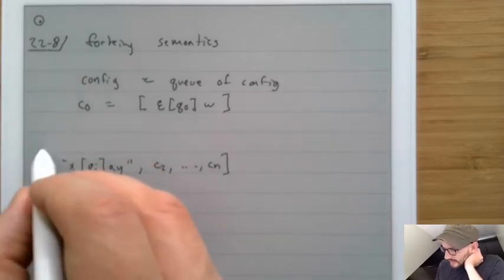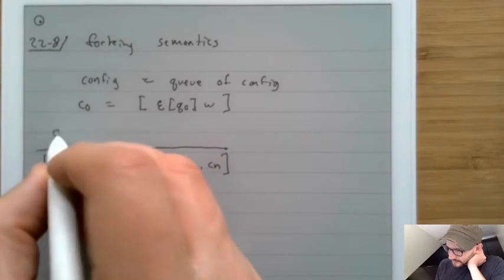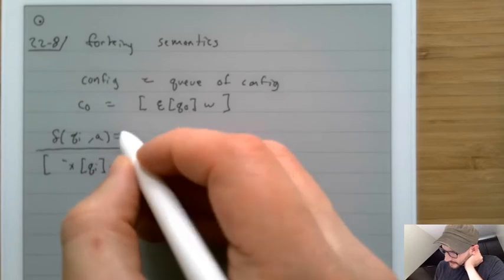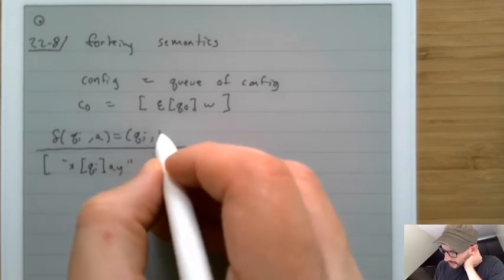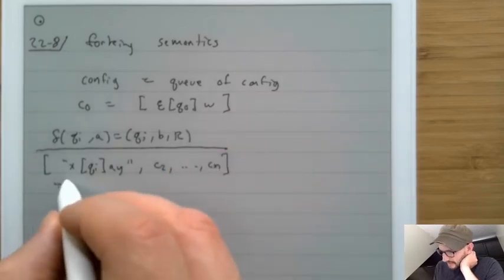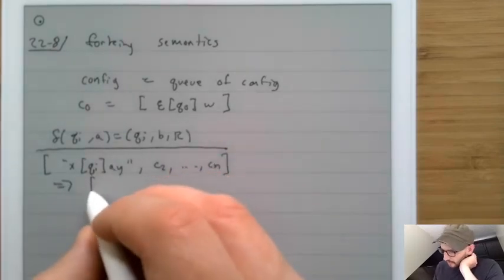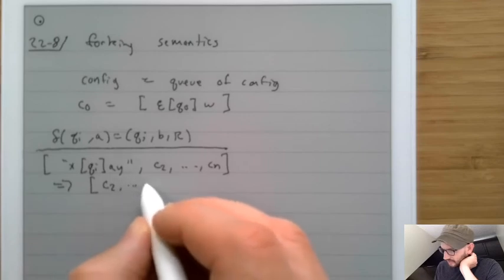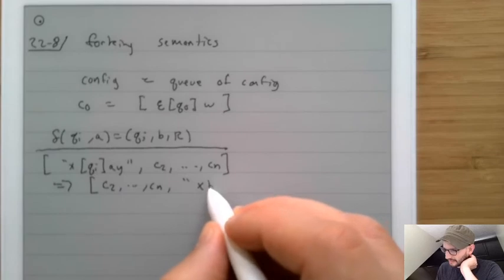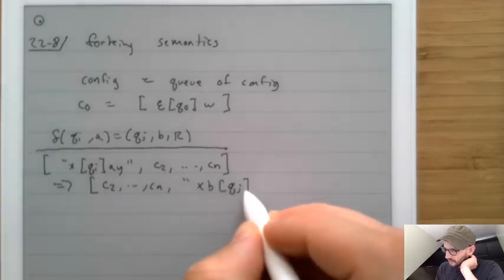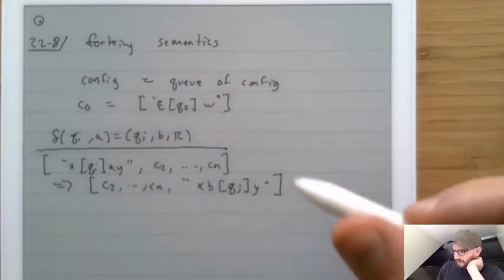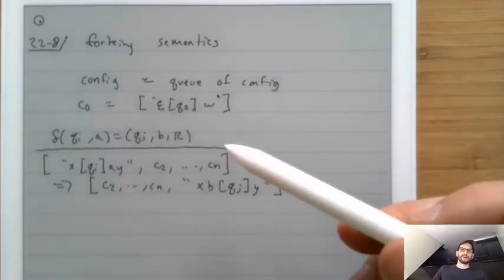Then if delta of qi a equals qj b, let's say that we're going right, then we change that configuration to a new one where we have c2 up to cn, and then at the end our new configuration, x, b, qj, y. We're going to have a similar rule for going left, and a similar rule for having a blank.